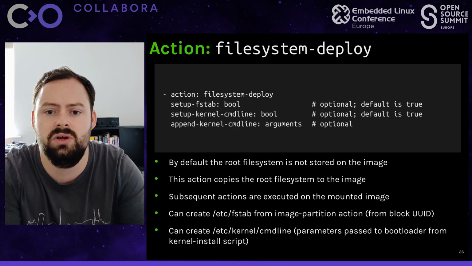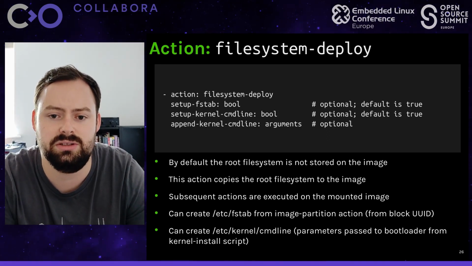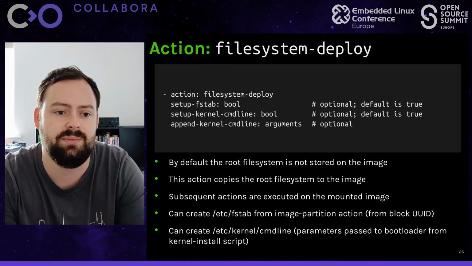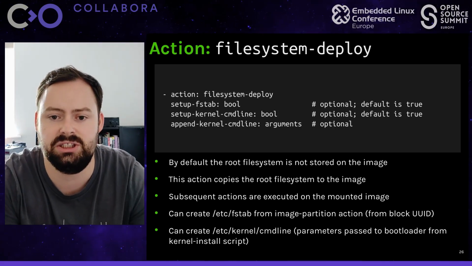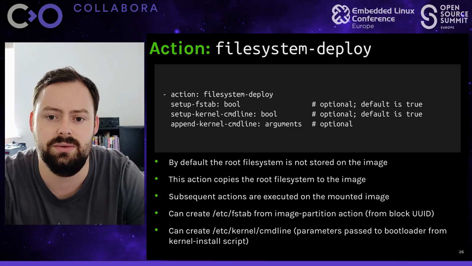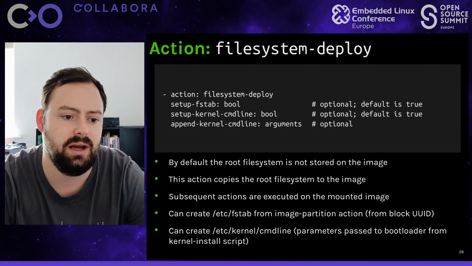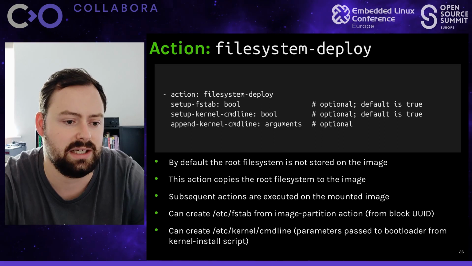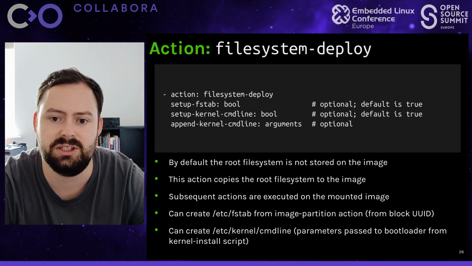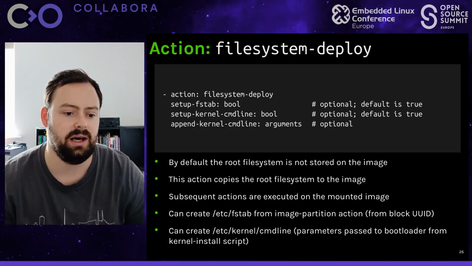So usually you want to do all of your customization to the image or the file system in the tmpfs, and then right at the end deploy everything to the image, just because writing to disk is usually a lot slower than writing to memory. After you've run the filesystem-deploy action, everything is executed on the image basically after that.